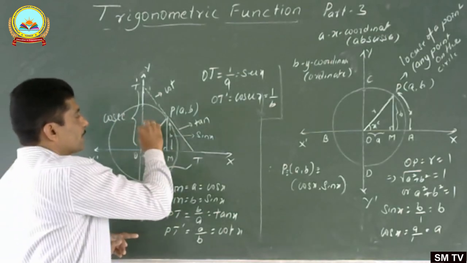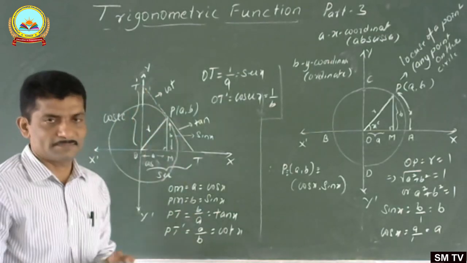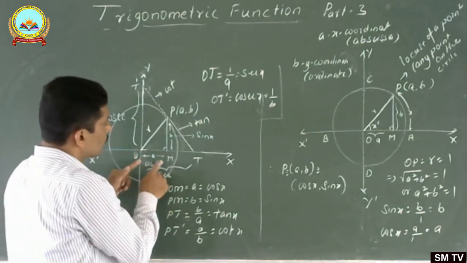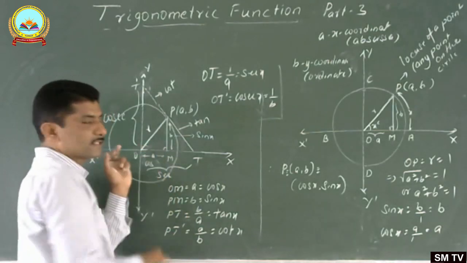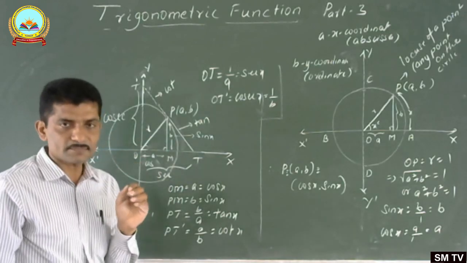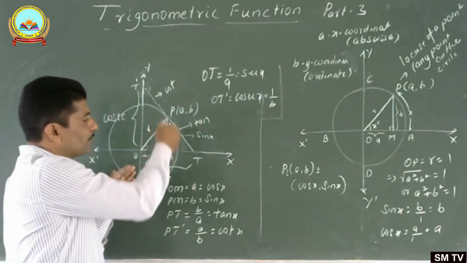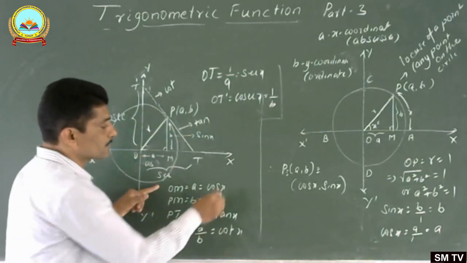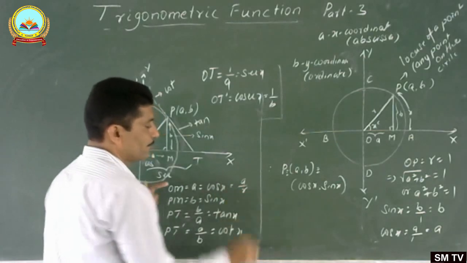Suppose here you take the radius equal to r. Then assume this angle is equal to theta radian. It is exactly equal to the ratio of arc length and its radius. Then you can define cos x equal to a divided by r.